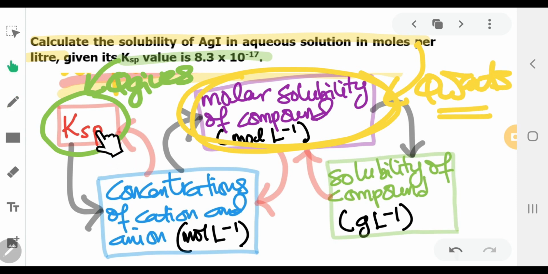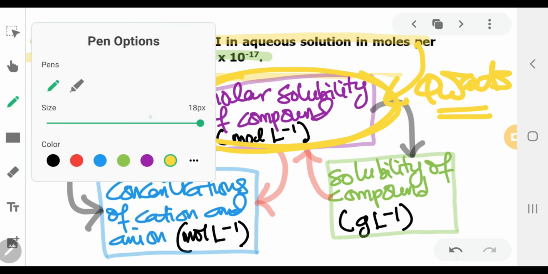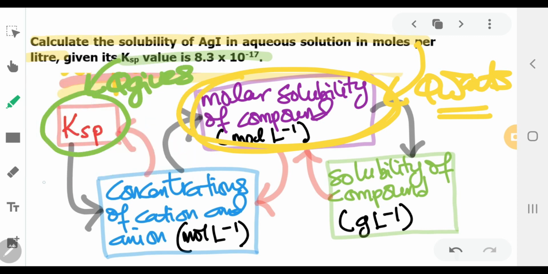And to do that, from the KSP value, you have to work your way towards the concentration of cation and anion. And for this, we're going to be using the ICE table. Once you have found this, we should be able to find out the molar solubility of the compound, as the question wants you to get.